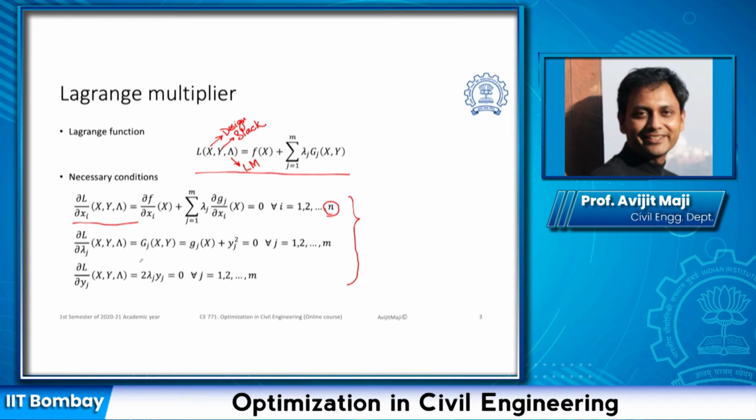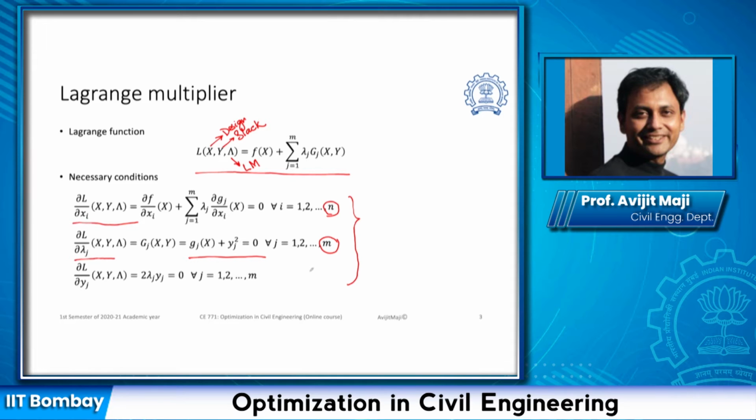The second set of necessary conditions yields the partial derivative of the Lagrange function with respect to the Lagrange multiplier, and this is going to yield my equality constraint along with the slack variable, and here we have m such equations.